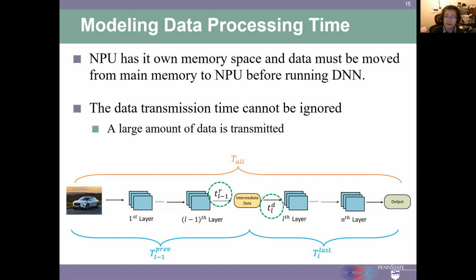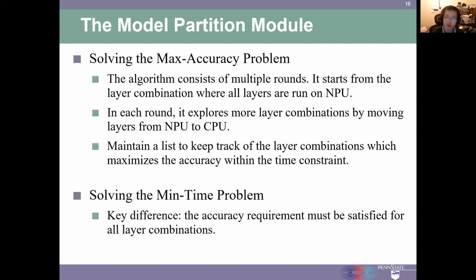With the model profile module, MLMP proposes a search algorithm in the model partition module to search for the best layers. The algorithm consists of multiple rounds. It starts from the layer combination where all the layers are run on the NPU. In each round, it explores more layer combinations by moving layers from the NPU to the CPU.